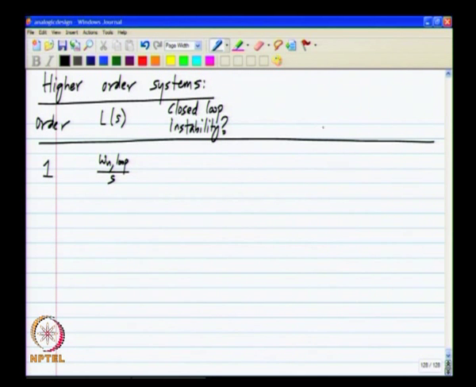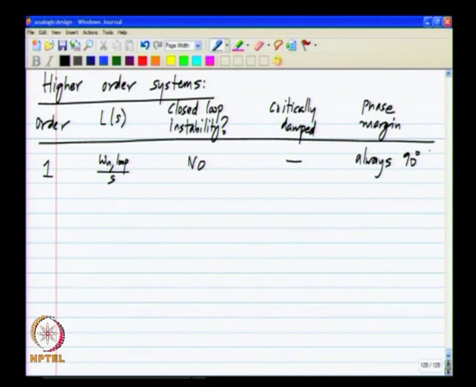And we know that this is unconditionally stable and it will never happen like that. And we can also ask when is it critically damped, and for this particular system it is irrelevant, there is never any overshoot in the step response, the step response is of first order, and the phase margin is always 90 degrees. Okay.